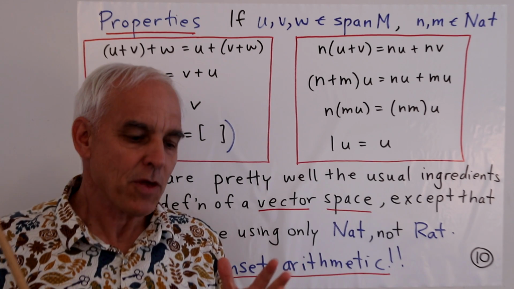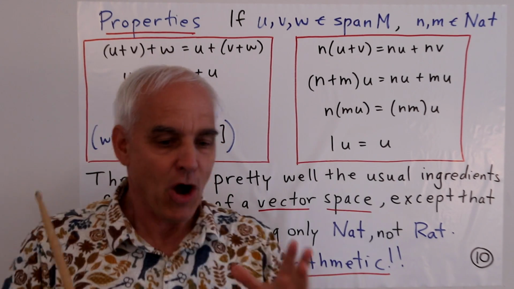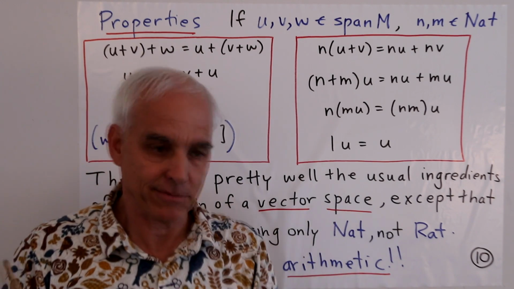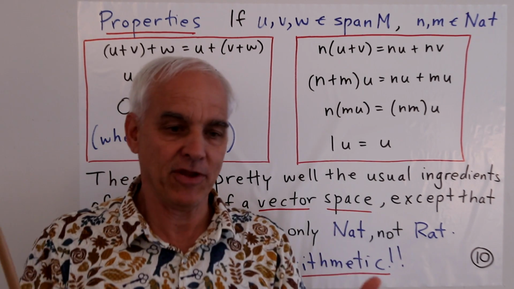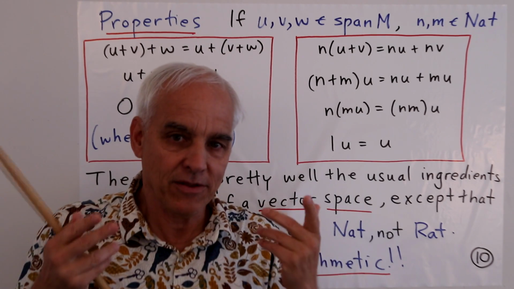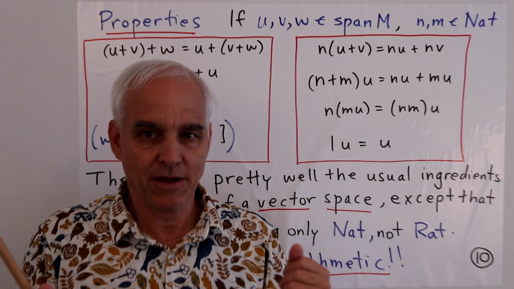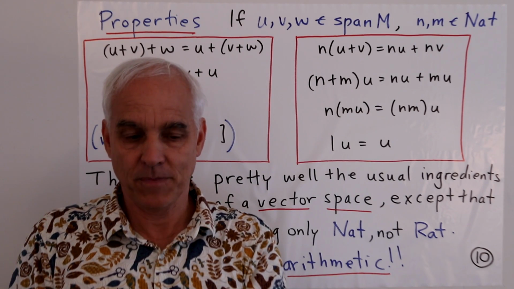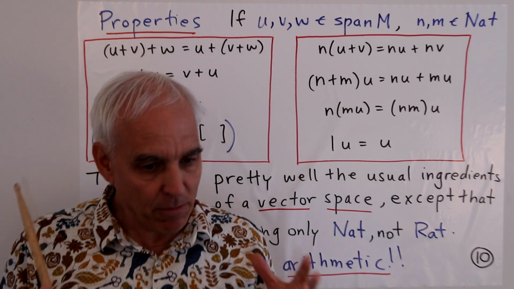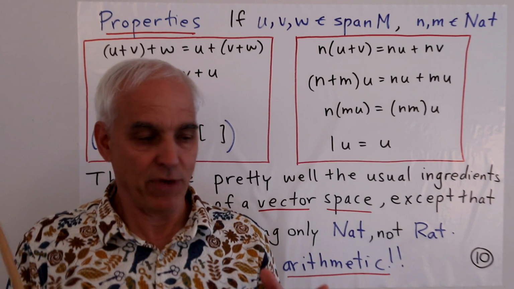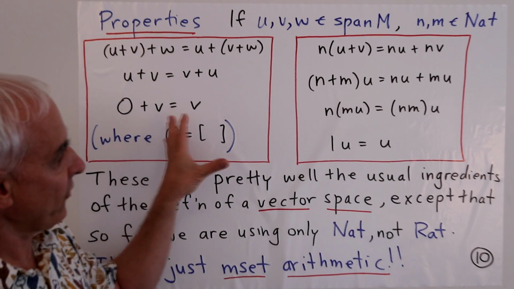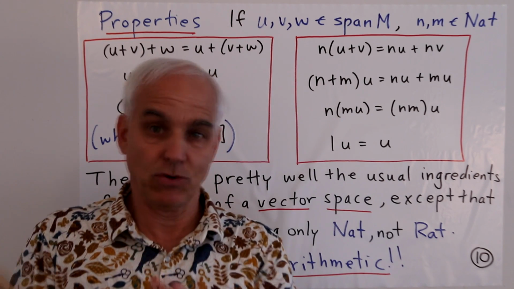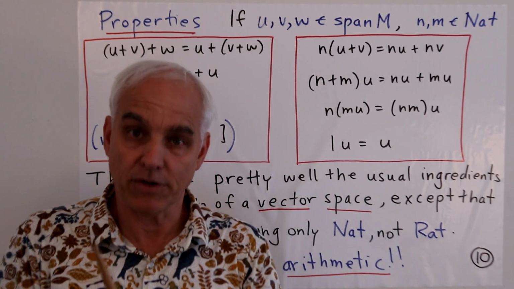So we've actually been quite naive. All we've done is take some msets, put them in a box, call that an mset of msets, and then consider the span of that box, which is linear combinations of the msets that we've chosen. So this is a very simple-minded way of creating an algebraic structure, but it already has most of the properties of what's called a vector space or a linear space in modern linear algebra.